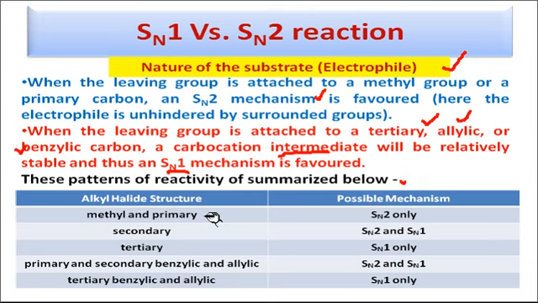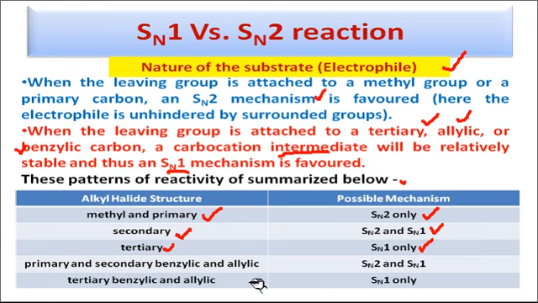For the methyl or the primary alkyl halide, only the SN2 reaction is possible. For secondary alkyl halide, both the SN1 as well as the SN2 mechanism can be followed. It depends on other factors also. For the tertiary halide, the SN1 reaction is always followed.